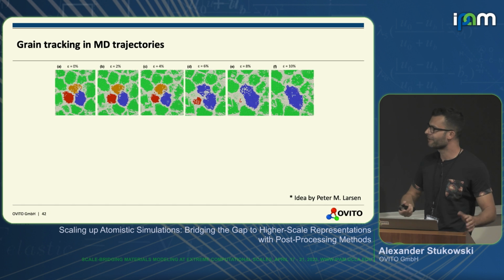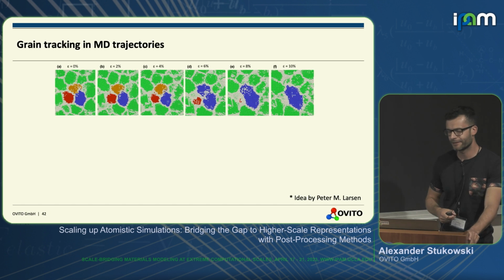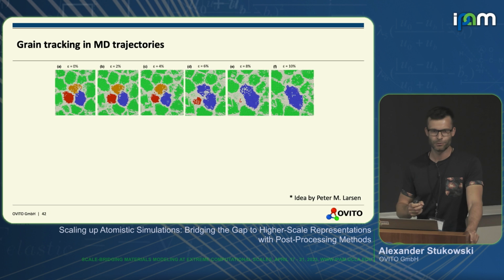Now you can think about what we need to do to track grain evolution in time. And I mean, this is a typical problem, of course. You want to study maybe grain growth, so you want to track what happens to individual grains over time.